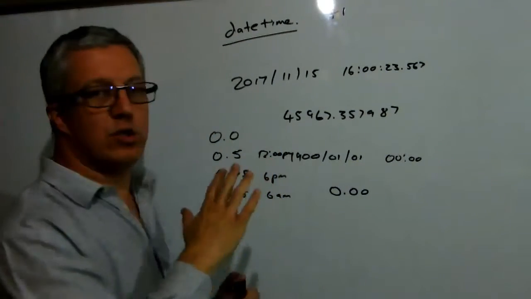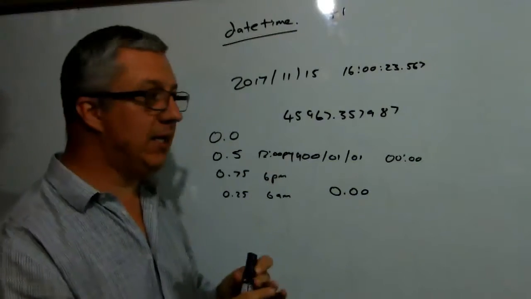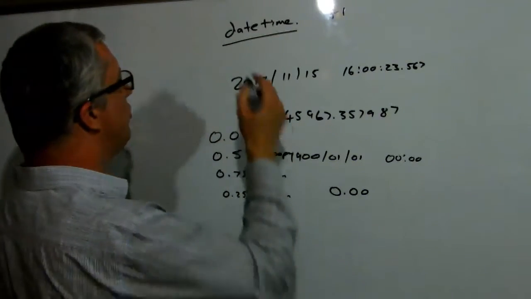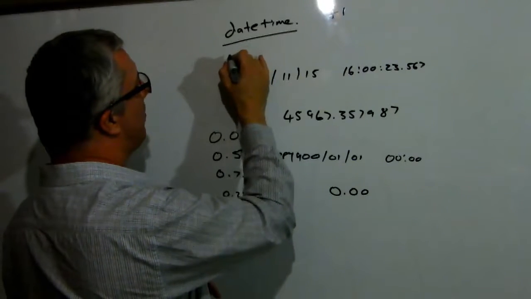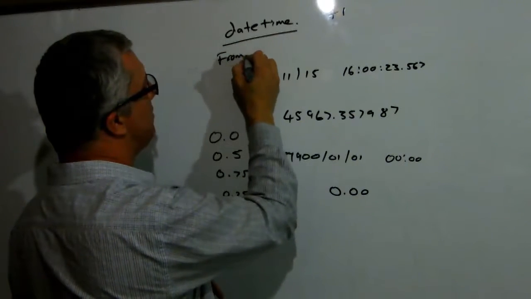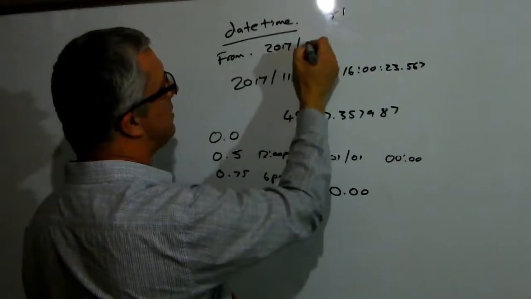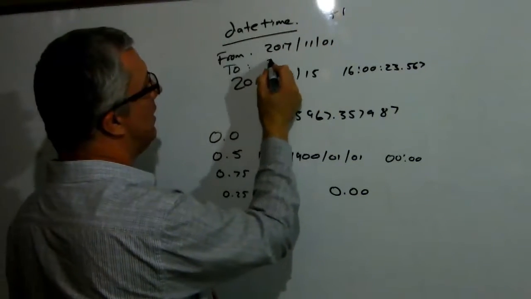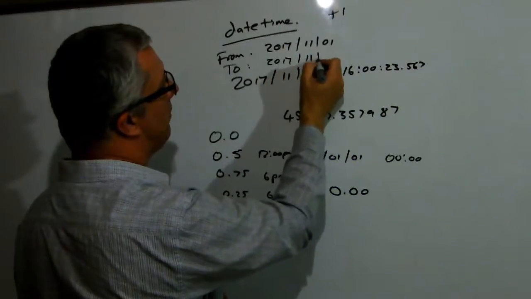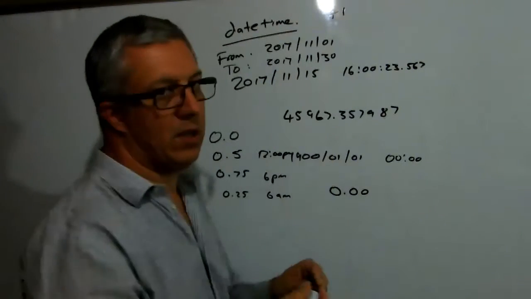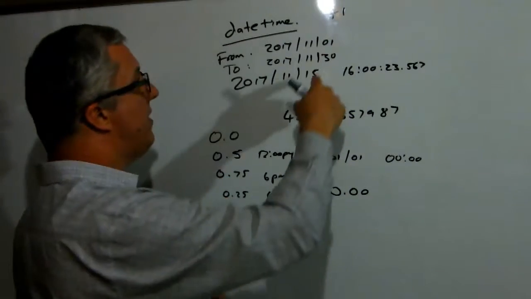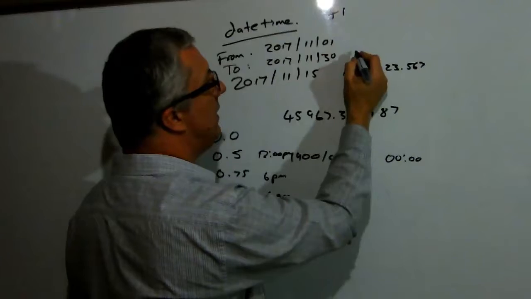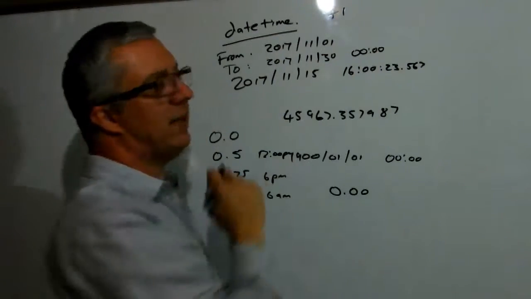Now, when I want to put this in a filter, I need to realize that the date and the time go together. So if I want to show everything from, so my from date is 2017-11-01, and my to date is 2017-11-30, we need to realize that if I give it that date, I'm effectively giving it midnight on that day.